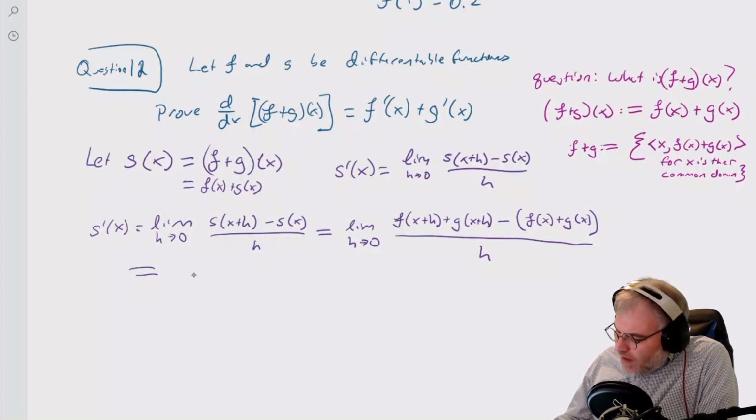All right. So what I'm going to wind up with here, what I want are two limits.